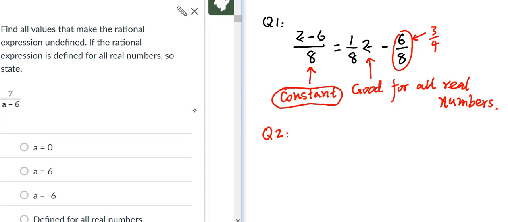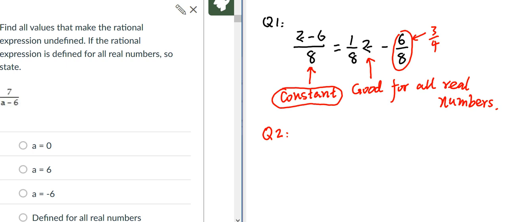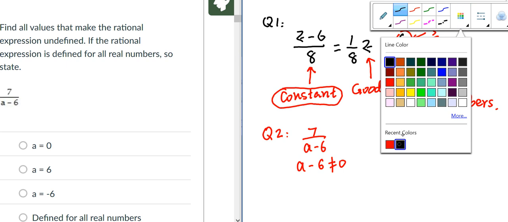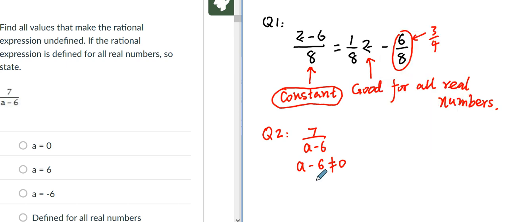We can see our question 2 here is 7 over a minus 6. Because denominator a minus 6 cannot be 0, then both sides add 6.